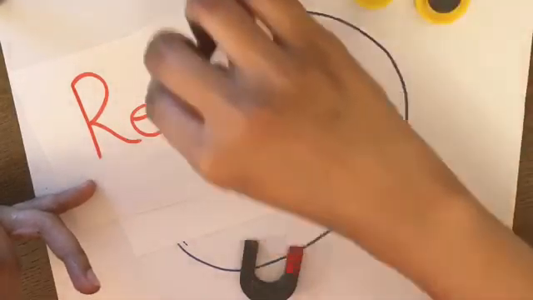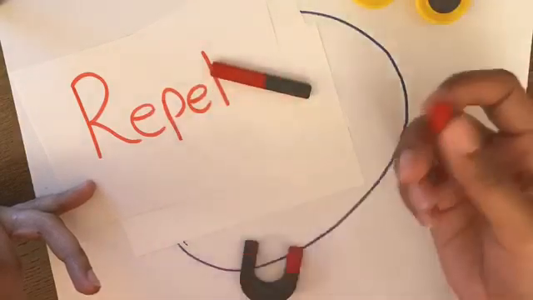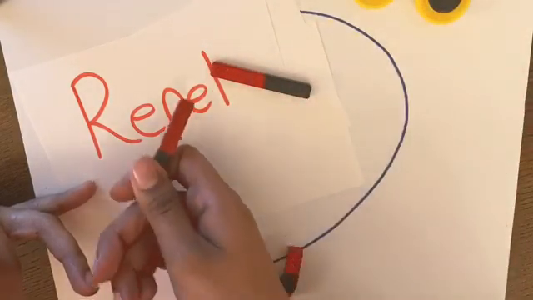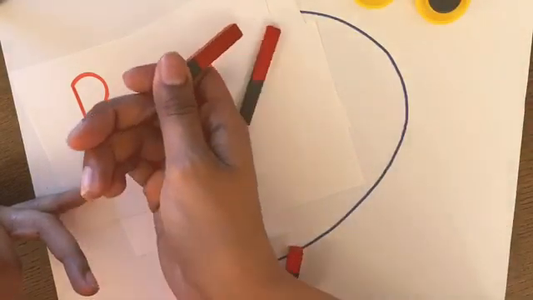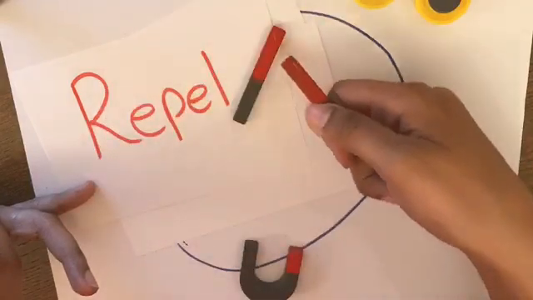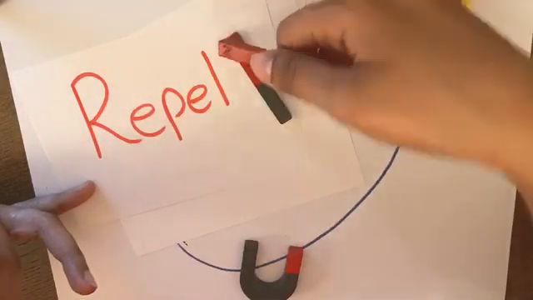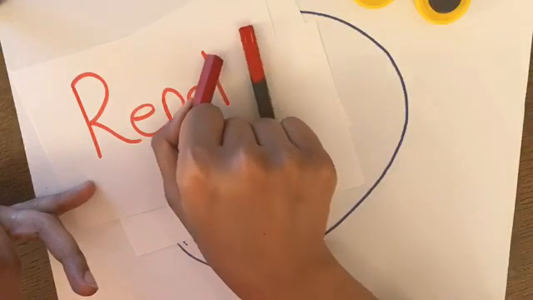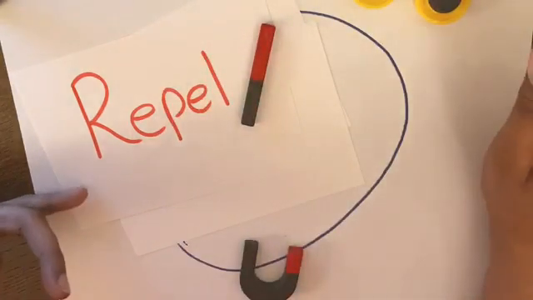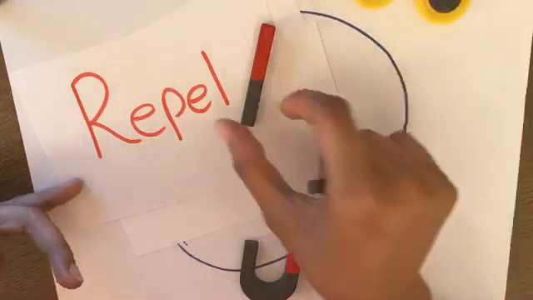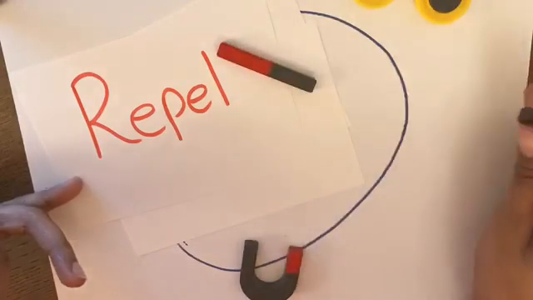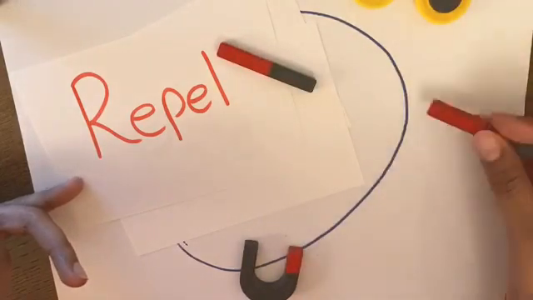Yes, I am playing, and when I take my North Pole near to the other North Pole, it repels. Can you see? It repels over here. Okay, what if I try to put different poles near each other? What would happen?